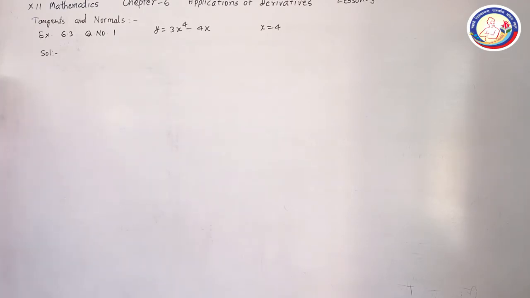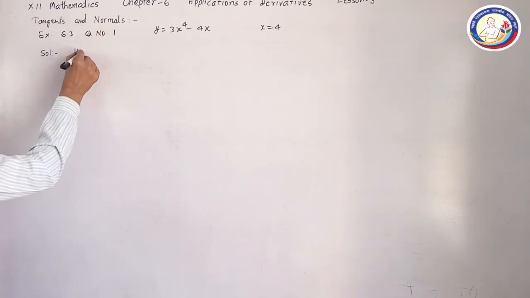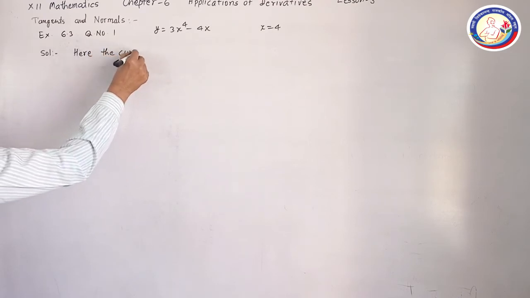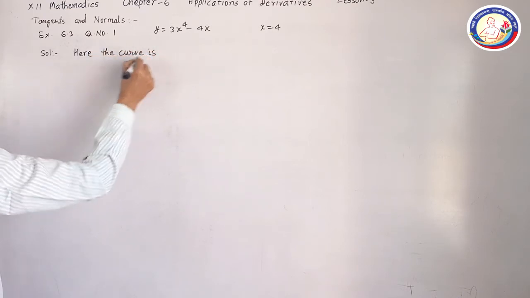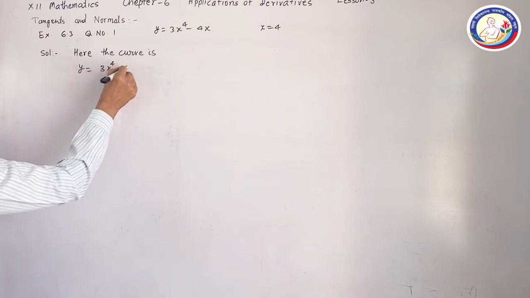So using our theory, we are given here the curve y equal to 3x raised to power 4 minus 4x.